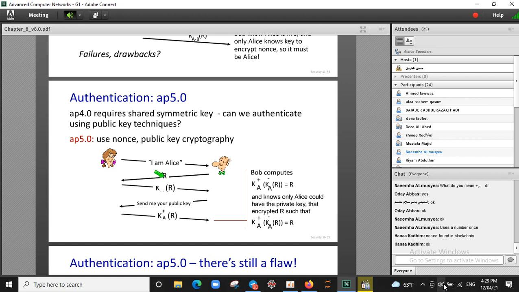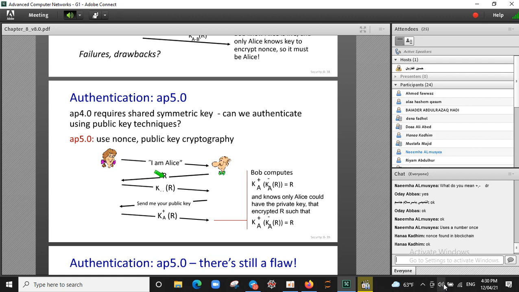Then, if Trudy sits in the middle between Alice and Bob, and sniffs the packets, and then after, for example, one hour, replays or plays back the last messages to Bob, Trudy sniffs those packets, and then Trudy tries to resend those packets to Bob.